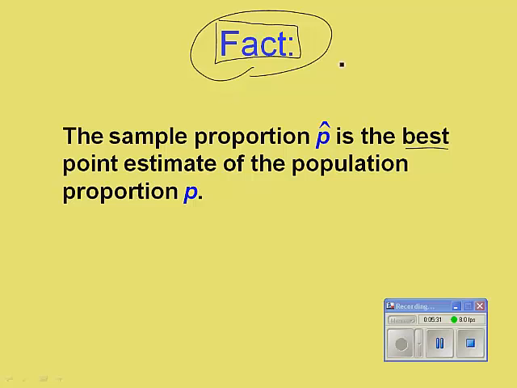This was proven by mathematicians and statisticians. If you take a math major course, you'd study this. What your book does tell you, although it's very short, is what they mean by best. That's what I want to talk about.